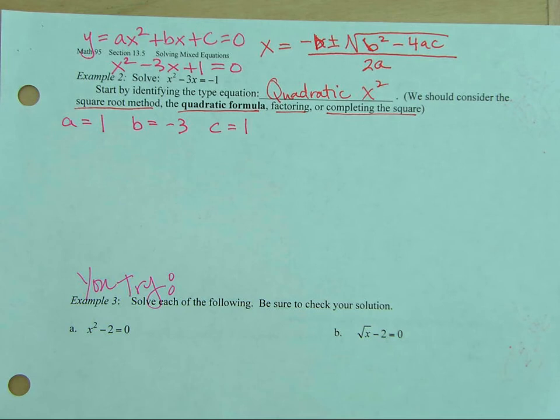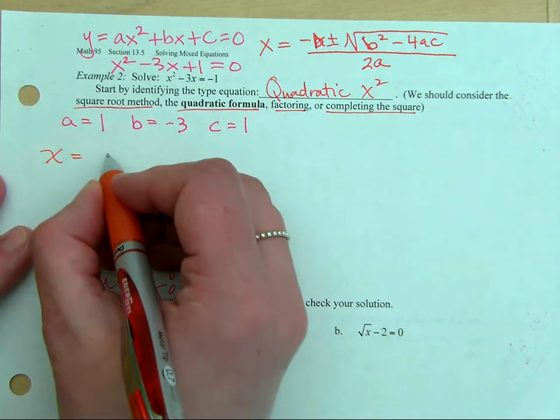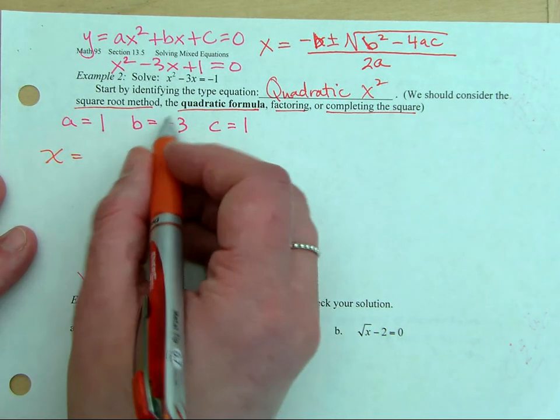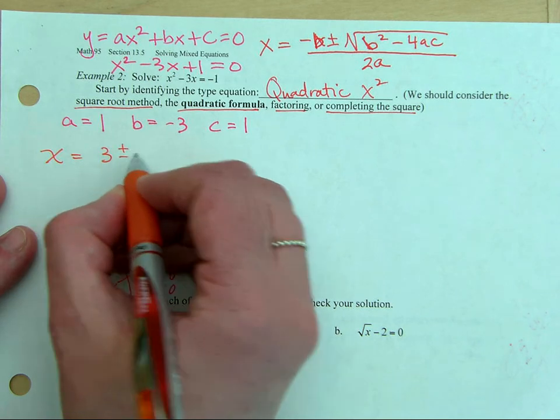Don't do that, okay? So now, if we want to use the quadratic formula, we go x equals negative b, so the opposite of negative 3 is 3, plus or minus the square root.